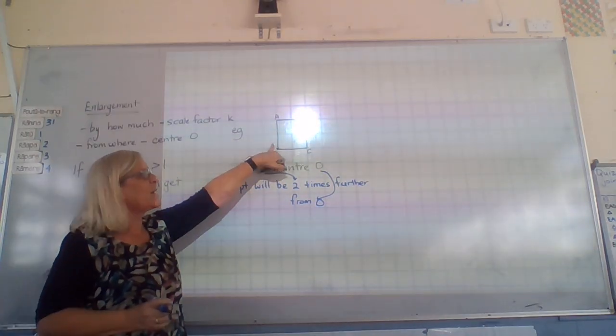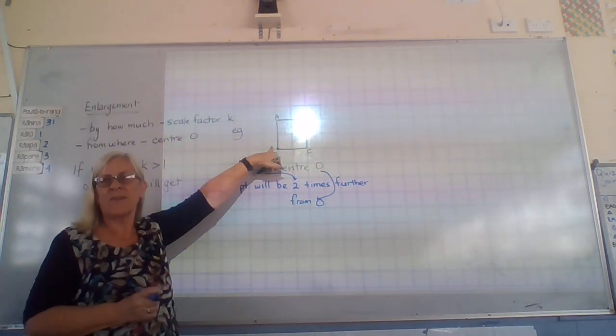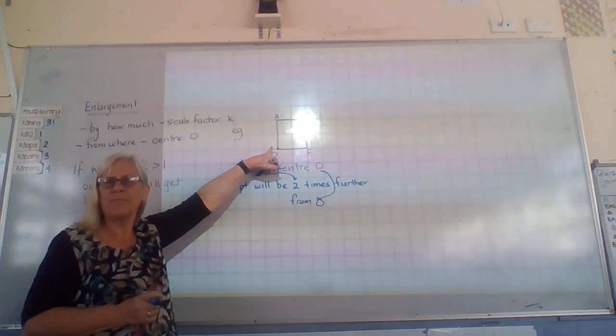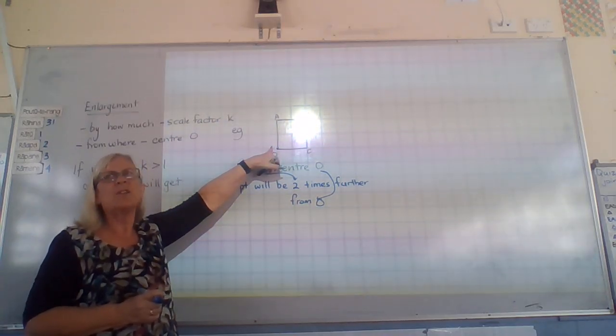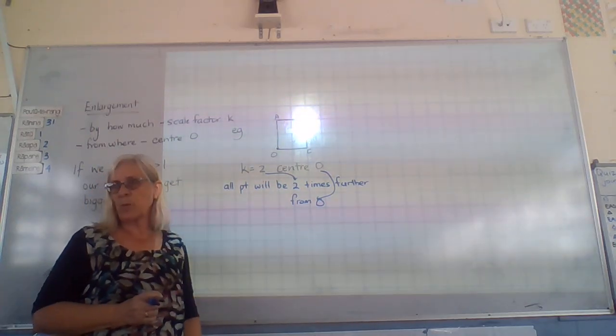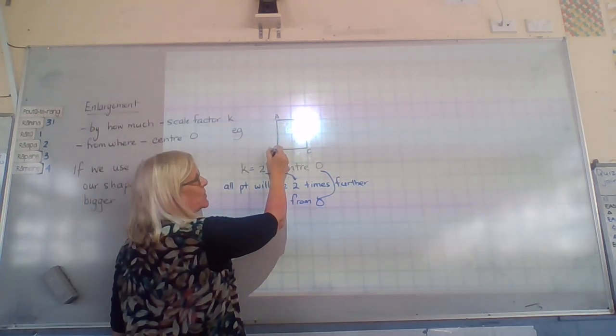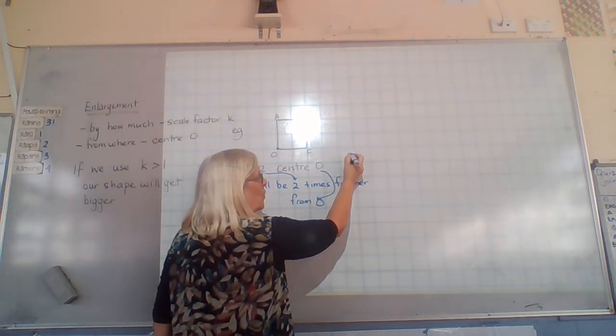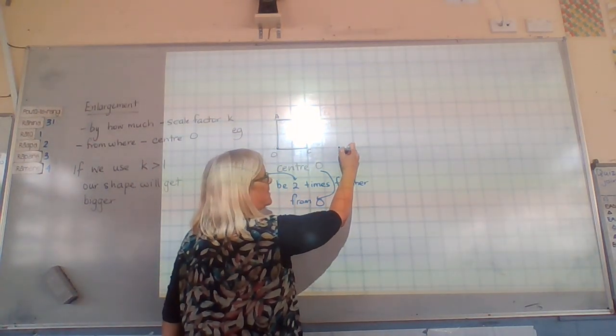So how far away is O going to be? 2 times as far as it is now. How far is it now? It's no distance. So it's still going to be no distance away. This one is 2 squares to the right. It is now going to be 4 squares to the right.